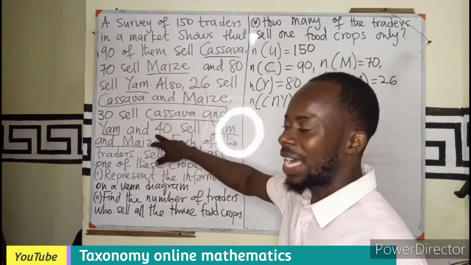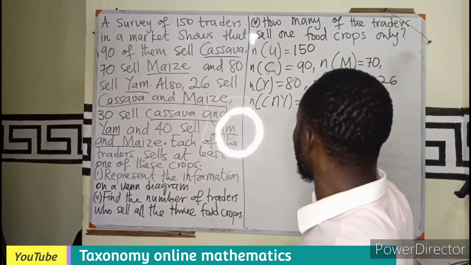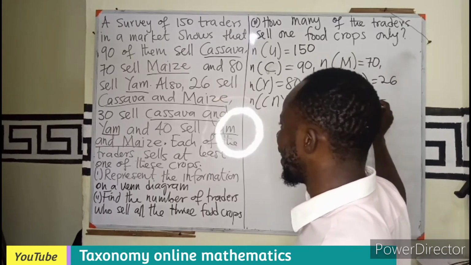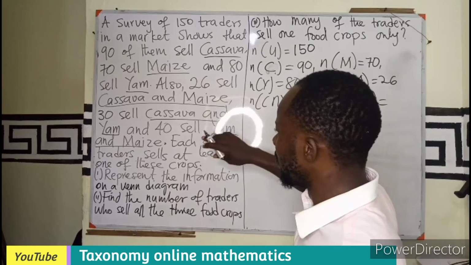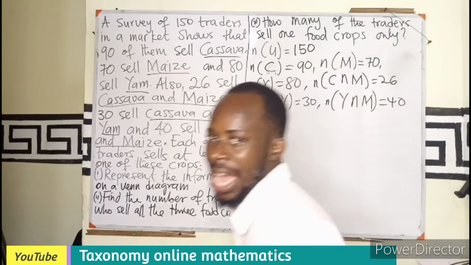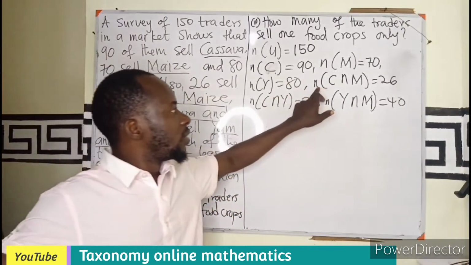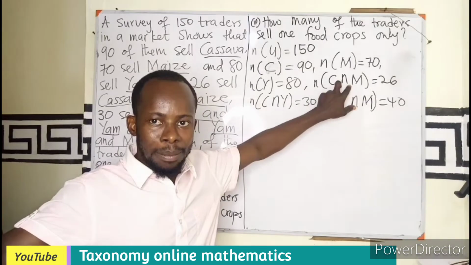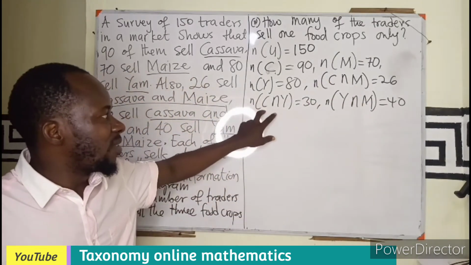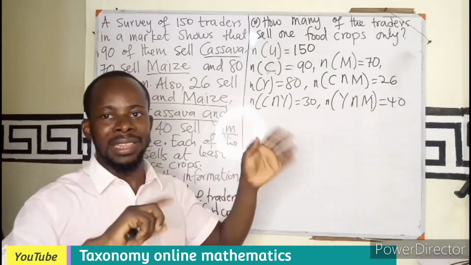We continue to say that 40 sell yam and maize, so the intersection of maize and yam, since we are using maize first, will give us 40. So we are having the three intersections.